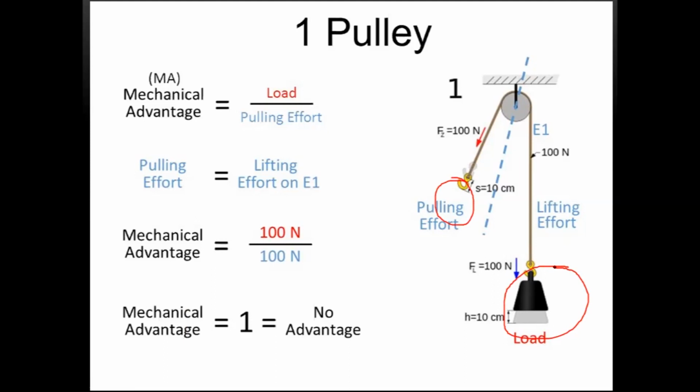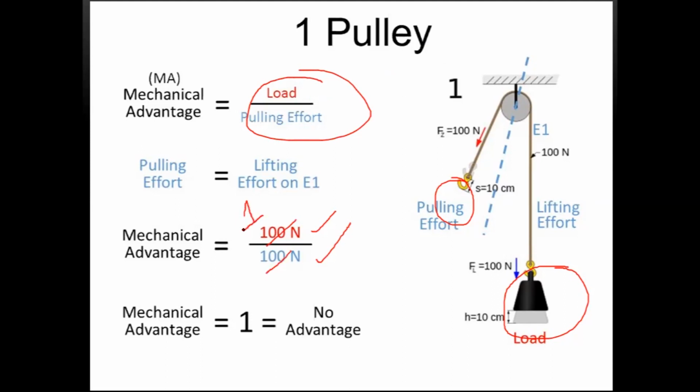If you convert it in terms of Newton, if the load is 100 Newton, your effort should also be 100 Newton. So if you substitute in the formula, mechanical advantage is equal to load by effort, your load and the effort are the same. So they get cancelled and you get a value of 1.